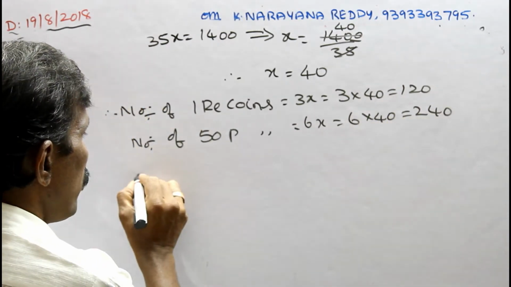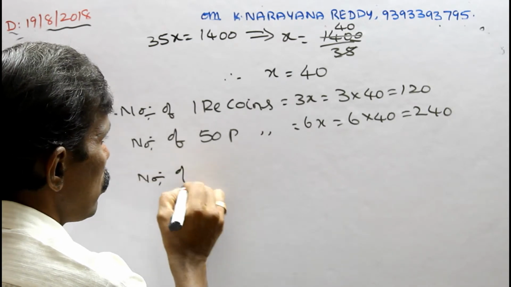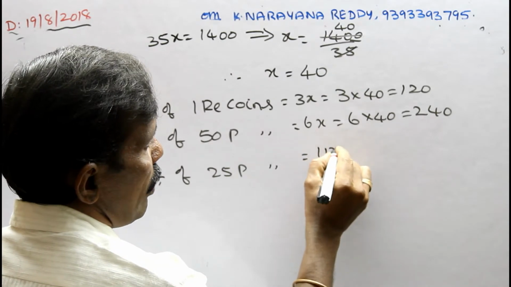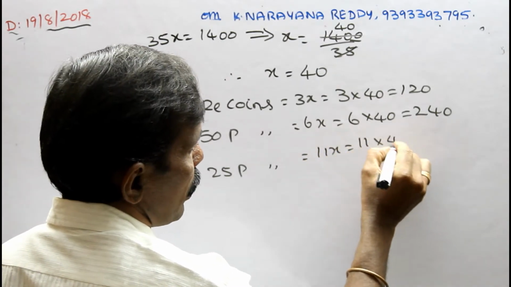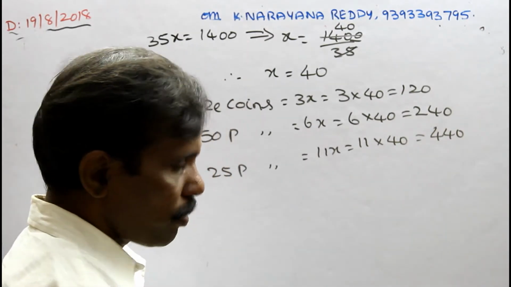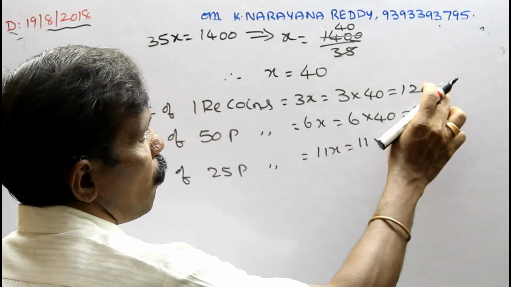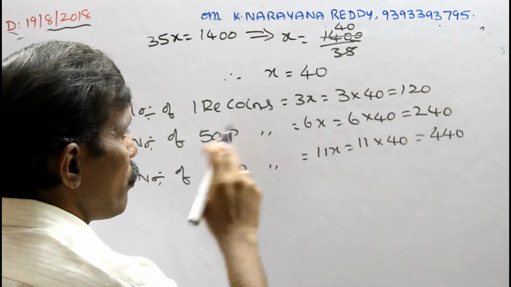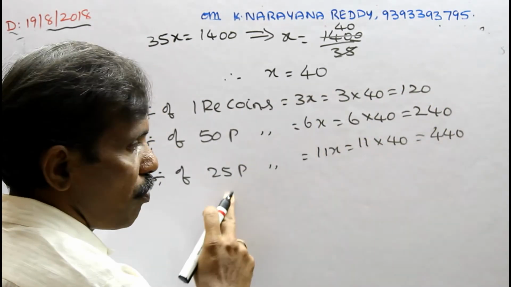Again, number of 25 paise coins equals 11x, 11 into 40, 440. Okay. So 120 coins are 1 rupee, 240 coins are 50 paise, and 440 coins are 25 paise.